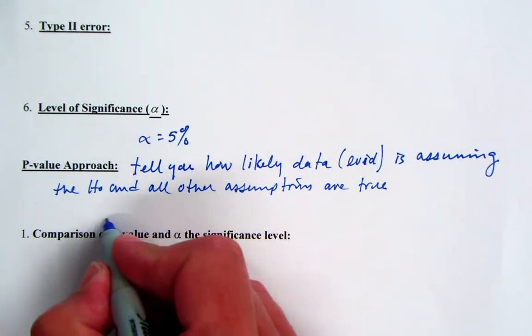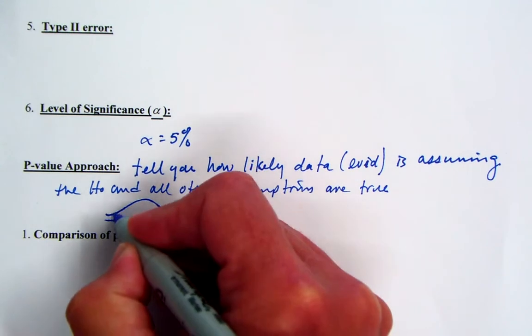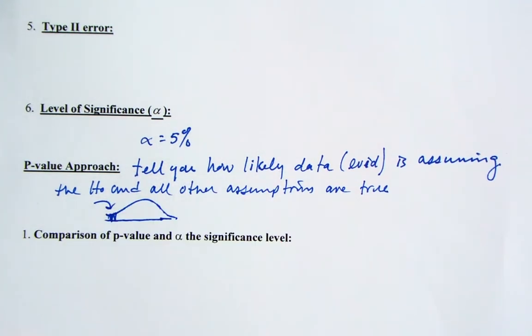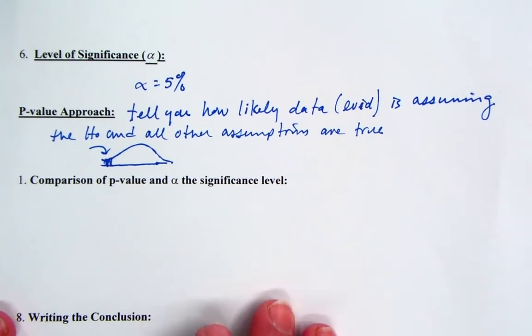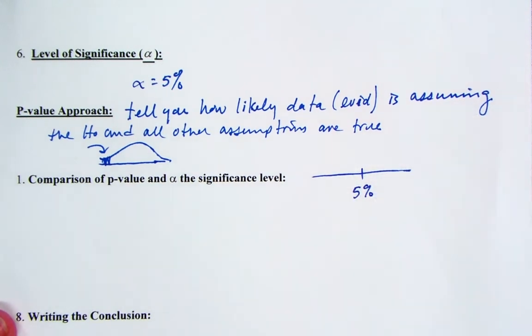So essentially what we're going to be looking at, back to these curves, is determining likely or unlikely that I land here, that my evidence would land there, assuming the null and this normal distribution are true. So again, with any assumption, you're going to have this idea that, oh, I could have made an error. So what we're going to do is we're going to compare. So my alpha level is really my cutoff. All right?